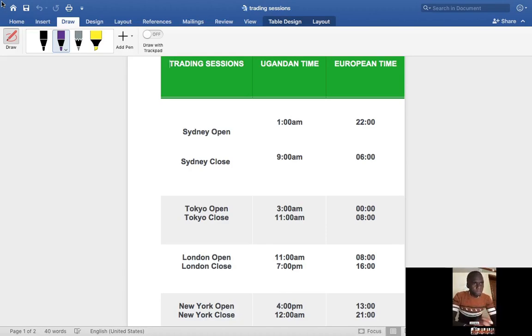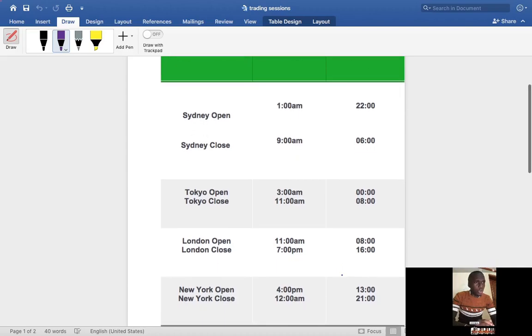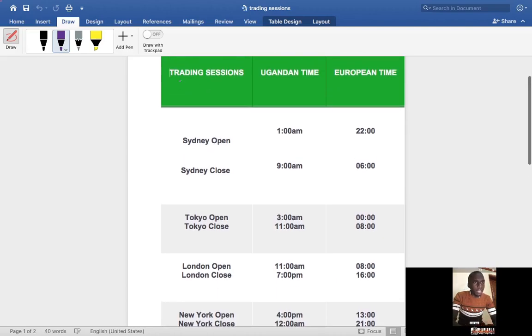First and foremost, I made sure that this column represents the trading session, like you see it.